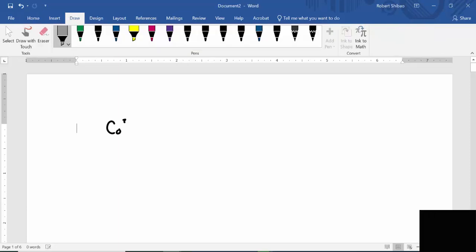So if I have a cobalt 3 plus, how many chlorides would I need to balance out the charge? 3 chlorides. So 1, 2, 3. And what does that make? It makes cobalt 3 chloride. Cobalt 3 chloride, like all ionic compounds, is basically a solid. There are some ionic compounds with fairly low melting points, but they're still solids.